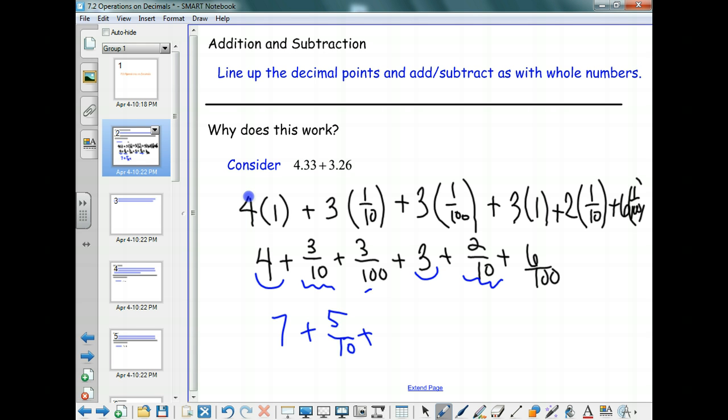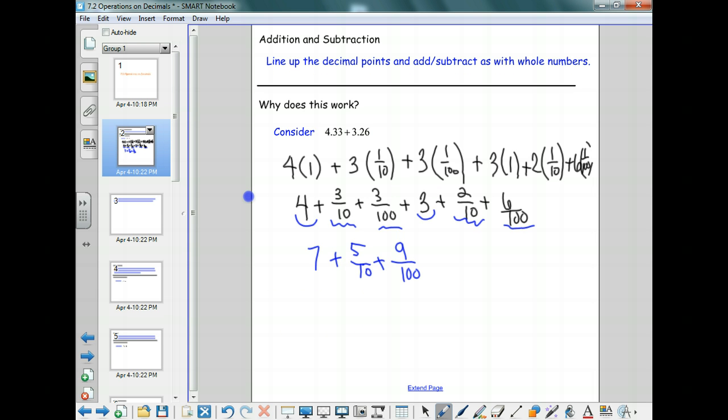And then I can easily combine the 3/100 and the 6/100 again because they have common denominators to get 9/100. This isn't the only way that you could write this out, but this is one way. And then you see the 7.59 from the expanded form back into a decimal. That's why it's working, because what the locations of those decimal places mean is how they're related to fractions. Okay? So that's why we're able to do that.